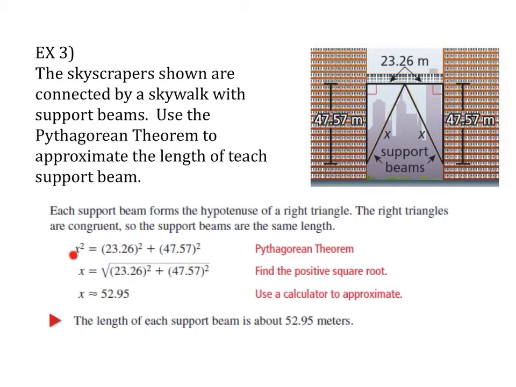Then to undo the squared, you would square root both sides. We have the positive and negative values when you square root, but obviously the negative value gets eliminated, and so we're only dealing with the positive value to have positive length. So the length of each support beam is about 52.95 meters.